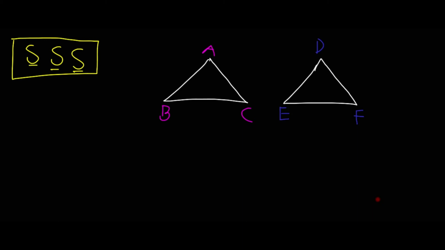So in this condition, if two triangles have their corresponding sides equal, then these triangles are congruent. This side corresponds to this side, this one to this one, and this one to this one, so they are corresponding sides.